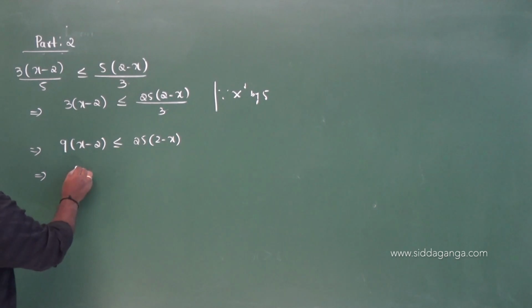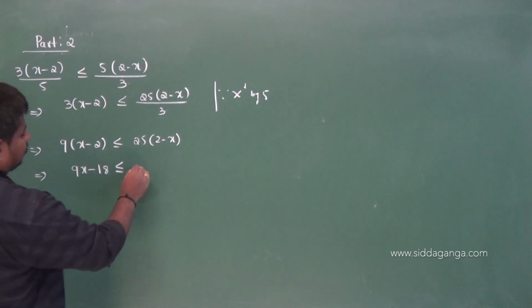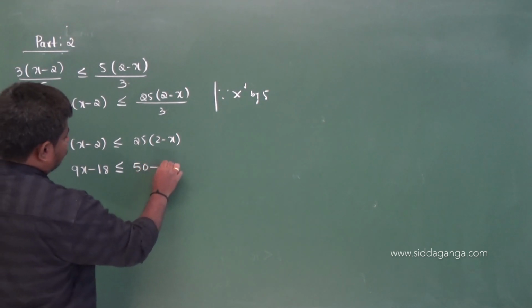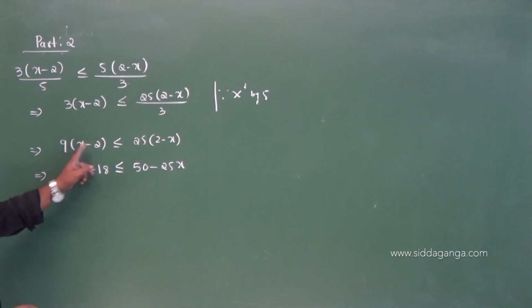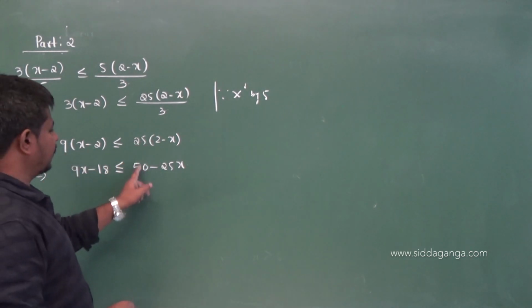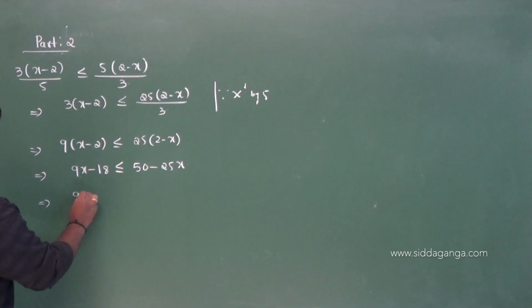So 9x minus 18 less than or equal to 50 minus 25x. 9 times 2 is 18, 25 times 2 is 50, minus 25x. Here again 9x we have, 25x we have. Let's add minus 9x on both sides.